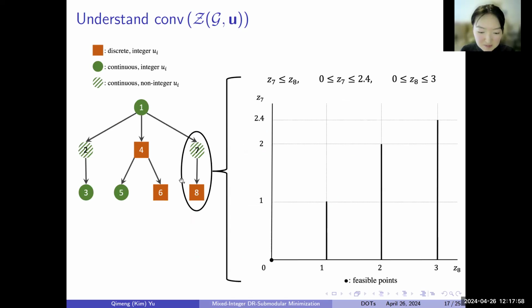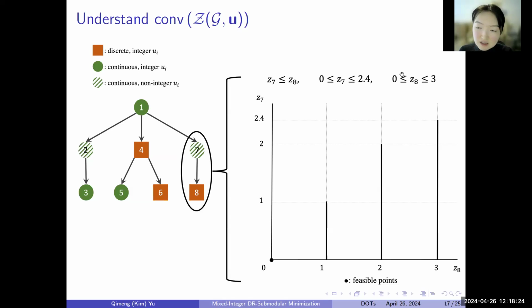We observed that certain pairs of these variables cause troubles. So in this example, let's zoom in onto the dimensions Z7 and Z8. Given this arc, we have the monotonicity constraint, Z7 less than or equal to Z8. And Z7 is a continuous variable, upper bounded by a fractional number, let's say it's 2.4.